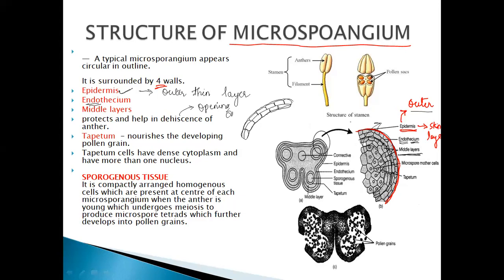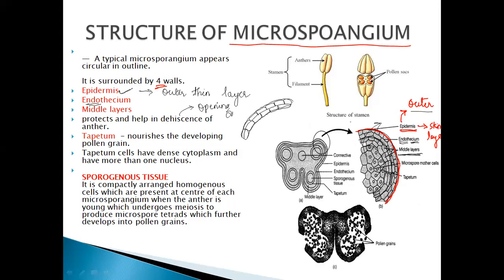But once they properly ripen, they fall off from the trees, because they have become matured. In a similar way here, once the pollen grains become mature, they break these layers and come out like this.